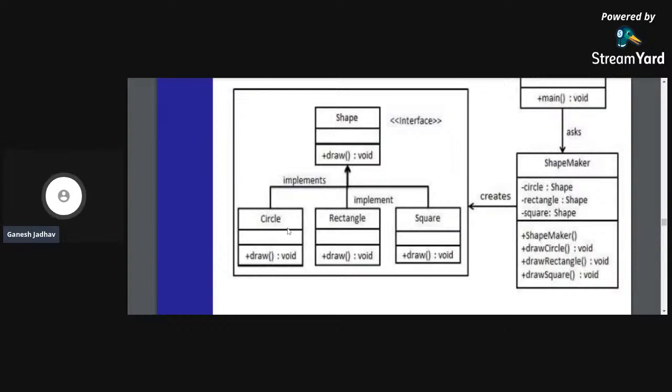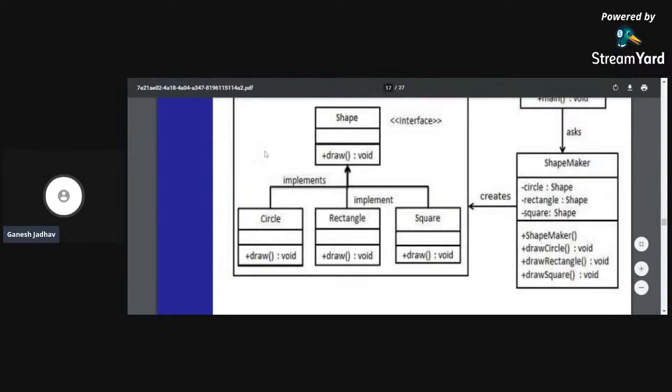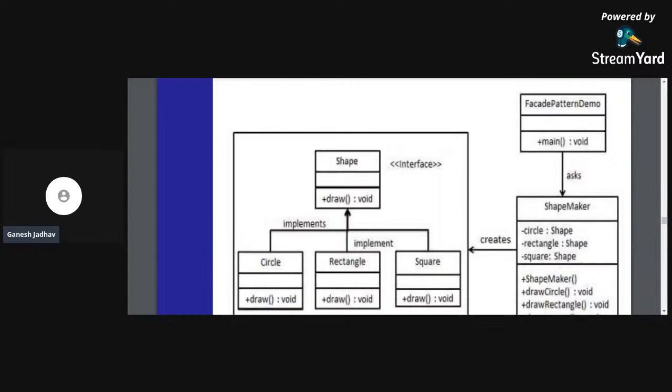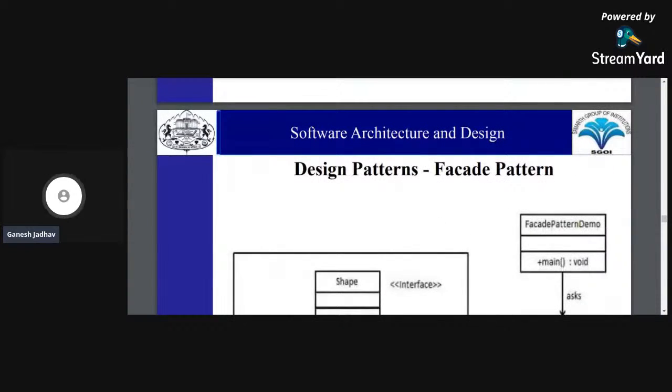This is the whole system, and by using this interface, the system can draw these objects or shapes. These are the three objects: circle, rectangle, and square. So this is the facade pattern.